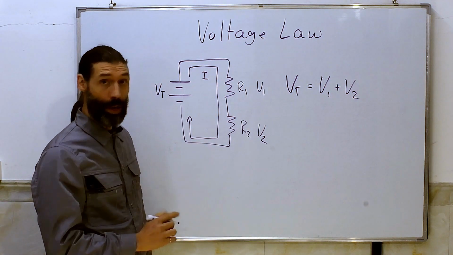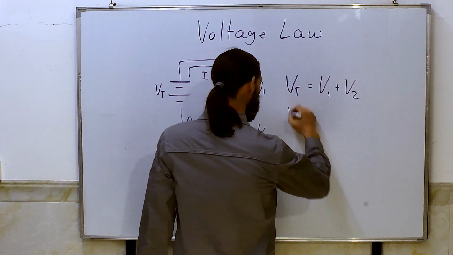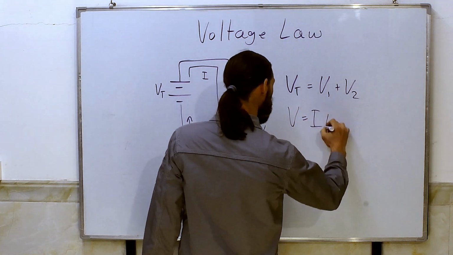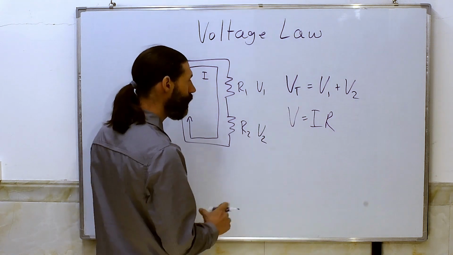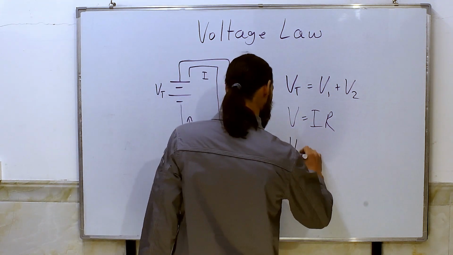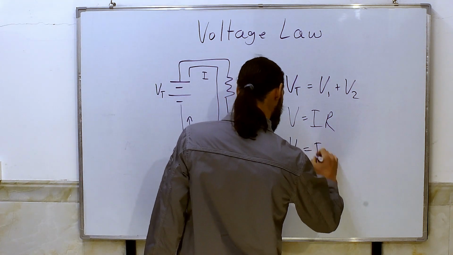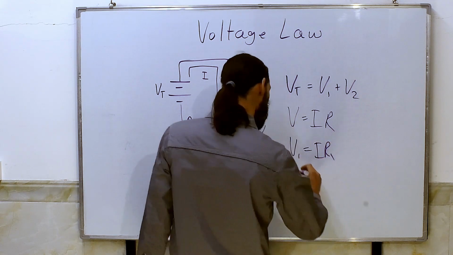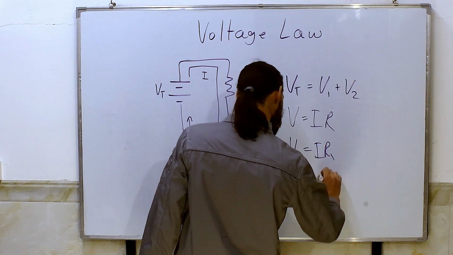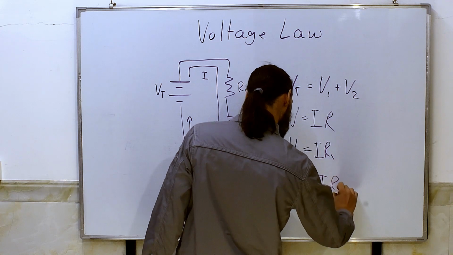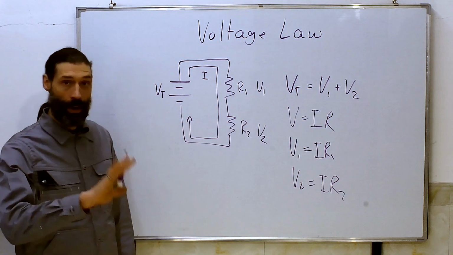And we learned Ohm's law, which is V equals IR. So we can calculate each of these voltages. V1 is equal to IR1, and V2 is equal to IR2. And that's all there is to it.